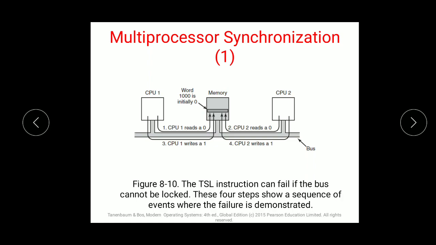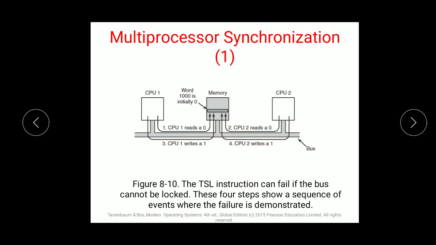Then in step 3, CPU 1 writes a 1 into the word. Because it is in the wait state, CPU 1 will enter and write 1. In step 4, CPU 2 also writes a 1 into the word.